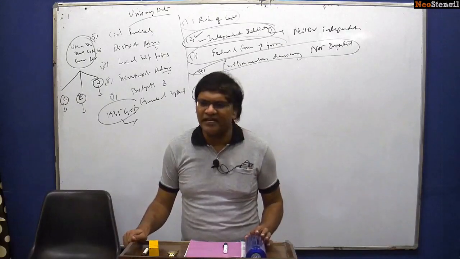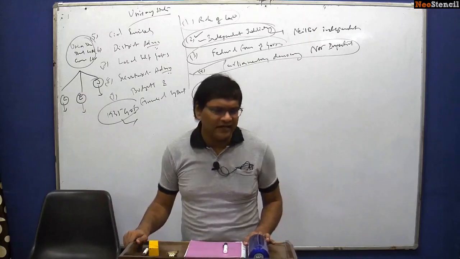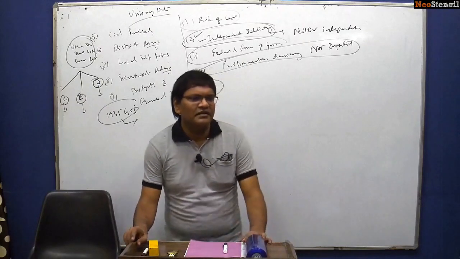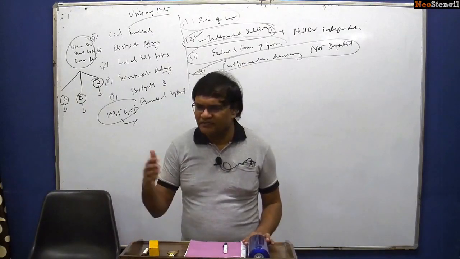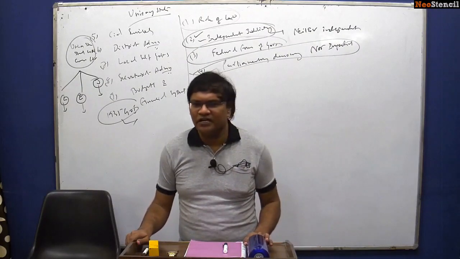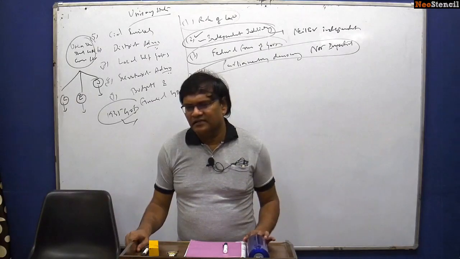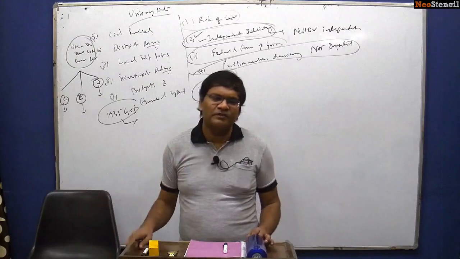Obviously, again the Britishers played their dirty tricks. They came out with the 1919 Government of India Act. What is the essence of the 1919 Government of India Act? As part of the evolution of parliamentary democracy, what did they do? They expanded the scope of parliamentary democracy.